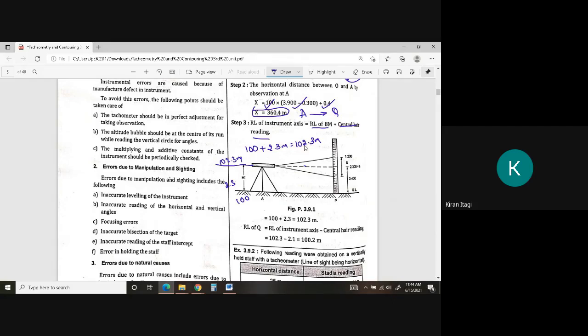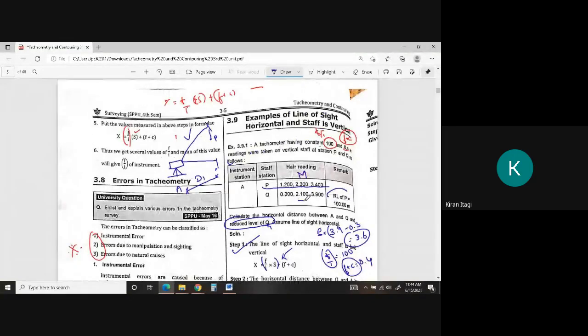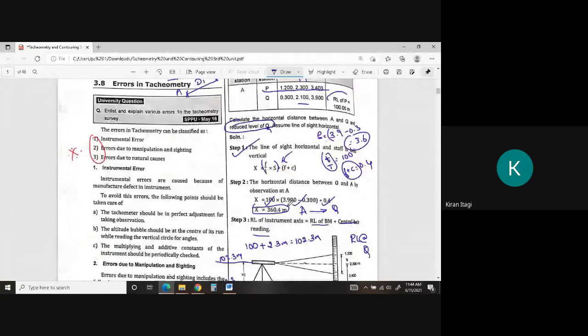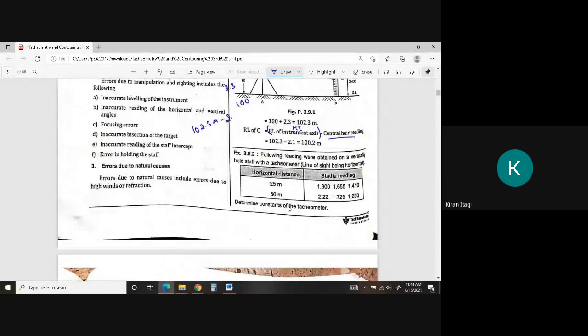Now he is asking for the RL at Q. We have the formula: RL of the instrument axis, or height of the instrument, minus central hair reading. How much do we have? 102.3 minus the central reading here, 2.1, and you get 100.2 meters.